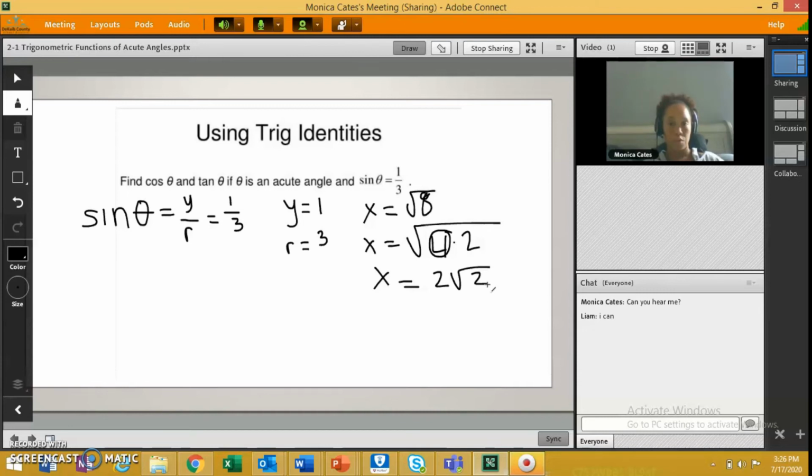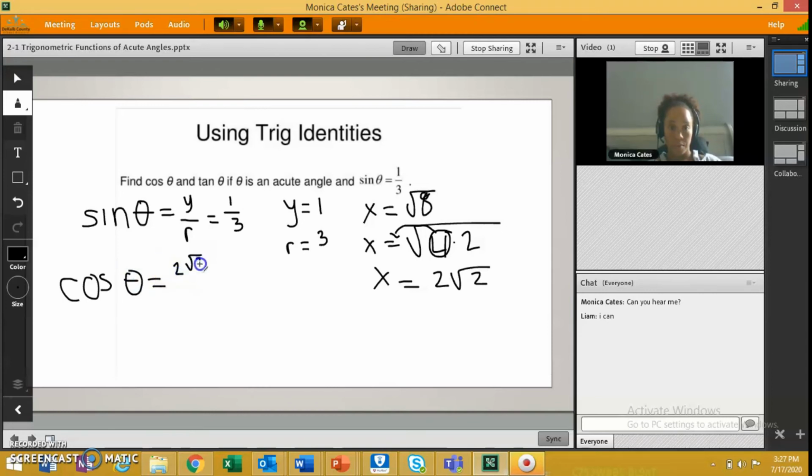Actually, I took, theoretically, the square root of 4 out. Because I know what the square root of 4 is, I can take that out. So the square root of 4 comes out, and the square root of 4 is 2. Okay. So now what is the cosine of theta? 2 square root of 2 over 3.